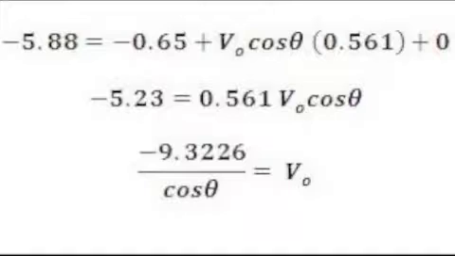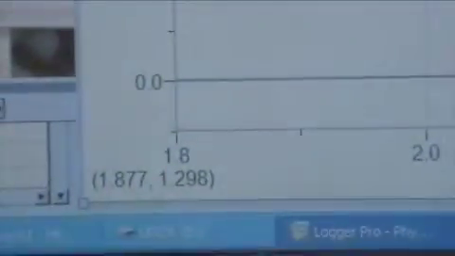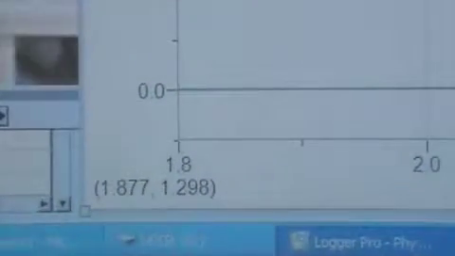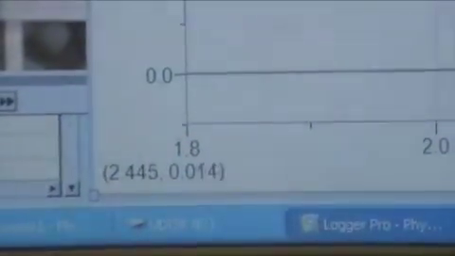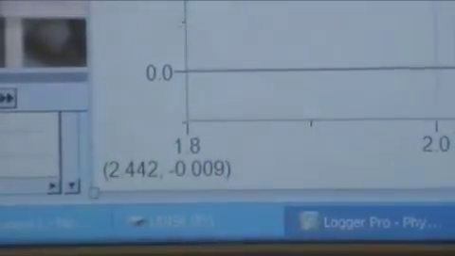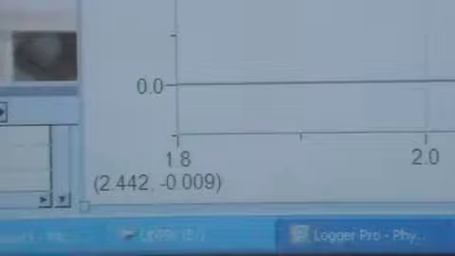9.3226 divided by cosine theta. Now we are looking at our y-axis. We found that our initial time is 1.877 seconds and our y initial is 1.298 meters. The final time is 2.442 seconds and our y final is negative 0.009 meters.